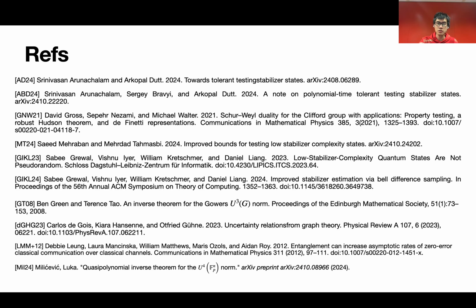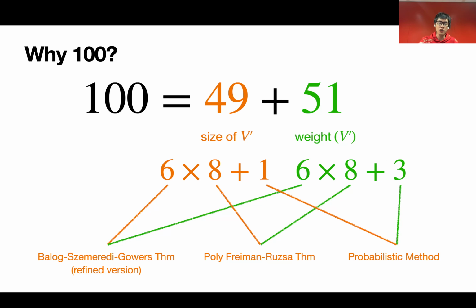Here's a reference. And now let's spend 1 minute to talk about why we have this 100 number. It's quite nice. This 100 number is actually from 49 plus 51. The 49 is about the size of V prime, and 51 is about the weight of V prime. First, from the BSG theorem, a theorem from additive combinatorics, in a refined version, we have this 6 here.